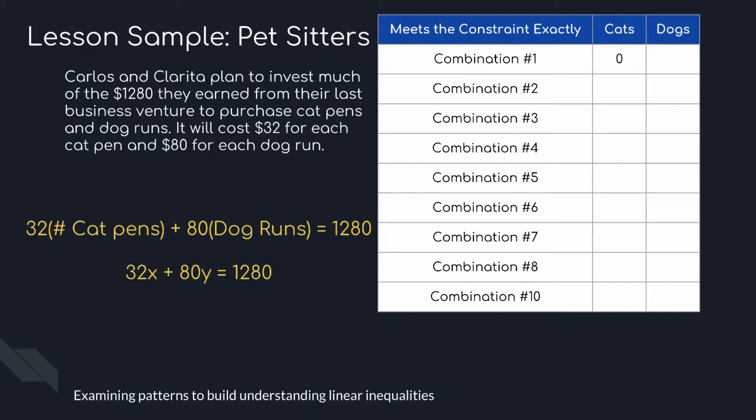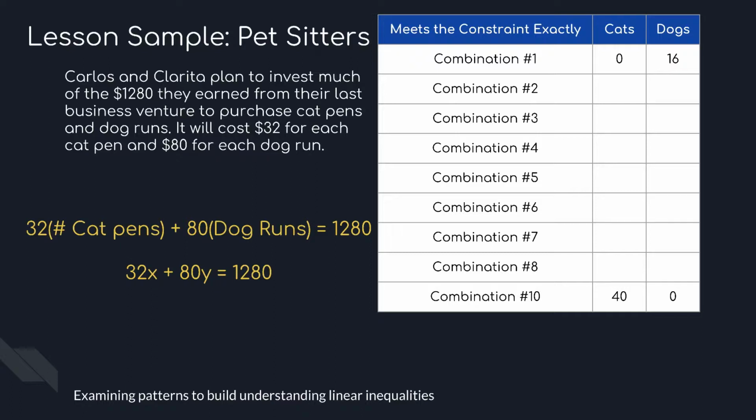We're going to start when we have no cat pens and all dog runs. When we have 0 cat pens, we'll have 16 dog runs. Now let's go to when we have all cats and no dogs. When we have no dog runs, we'll have enough money to buy 40 cat pens.